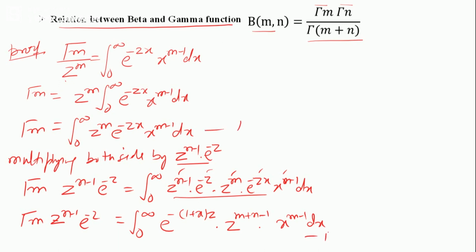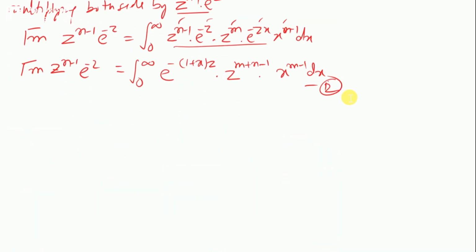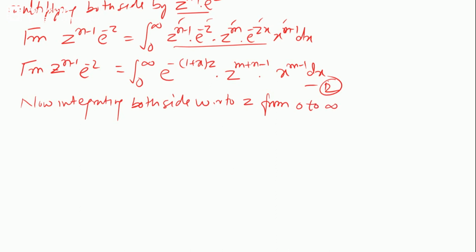Suppose that's equation 1, let's say this is equation 2. Now integrating both sides with respect to z from 0 to infinity.